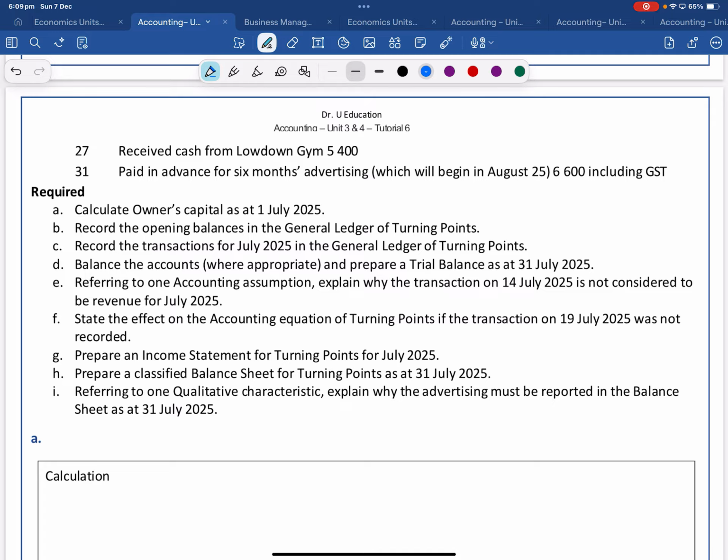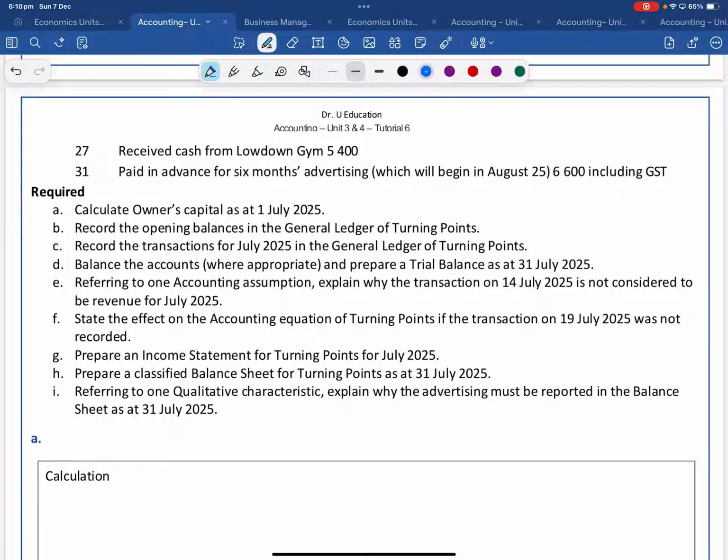So basically, what we are reporting here in the balance sheet is prepaid advertising, which is a current asset. The expense has been prepaid, which will provide future economic benefits in the next 12 months. Reporting this makes sure that all the information useful for decision making is included, so the owner or whoever makes the decision about advertising can see that it has been prepaid and doesn't have to worry about it.